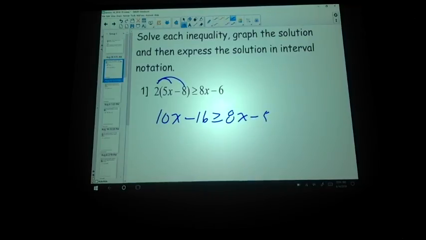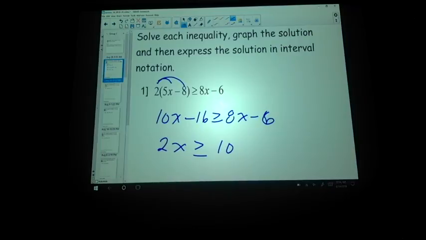Okay, and this is like so Algebra 1. You're like, dude, I totally get it. Okay? So we have to start solving it, so I'd probably say let's subtract 8x and bring it over, so that means I have 2x on this side. And then I could probably also add 16 to both sides, so then I'd get 10 over here. I'm not writing the steps down because I want to confuse anybody.